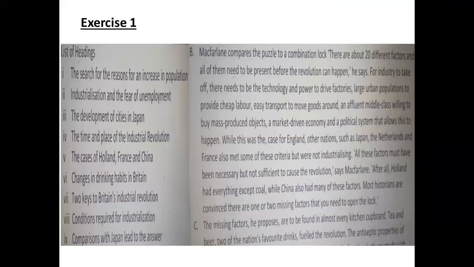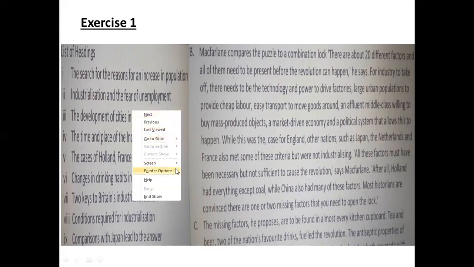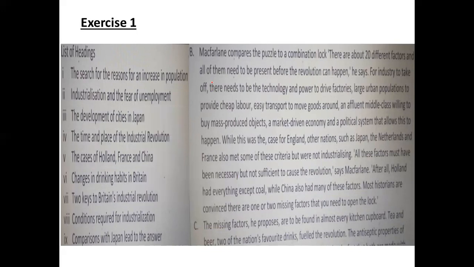This is an exercise for us. Also a list of headings. Paragraph B, we are to give paragraph B a heading. So McFarlane, let me look for my pointer. McFarlane compares the puzzle to a combination lock.